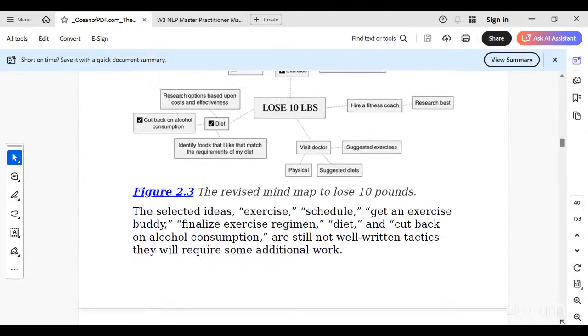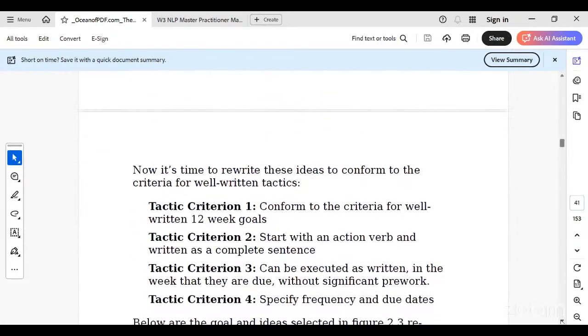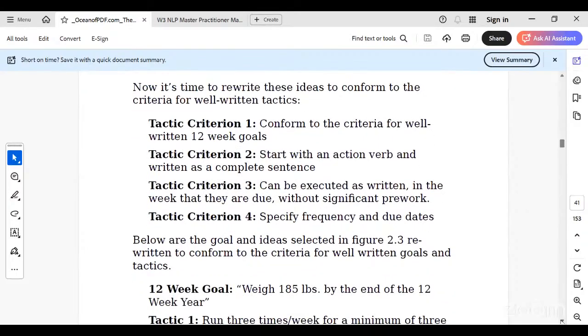So we clearly take out the key tactics only, and then you also phrase the tactics properly in a way that it is well written. Confirm the criteria of a well-written goal first of all. Start with the action verb, then write it in a written format.